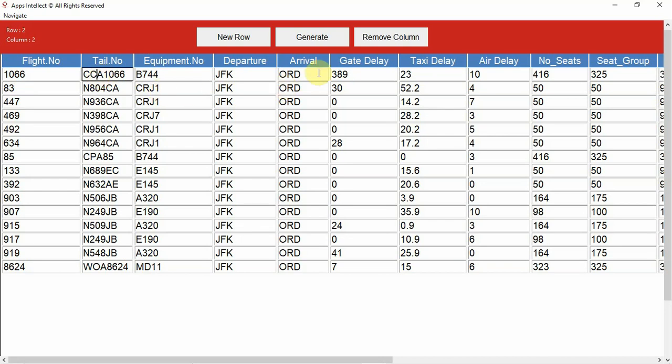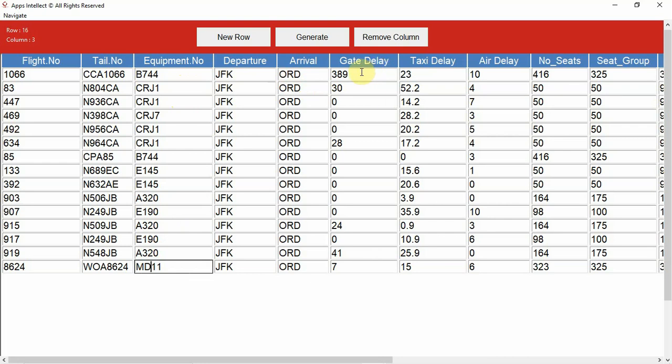So at this departure airport, these were the flights available which took off from here, and the equipment types: this is B744, that is Boeing 744, then CRJ1, then Boeing 4, then Embraer 145, then Airbus 320, and MD-11 also. So this number of flights took off on 7th of July 2007, and we will see the analysis. What were the delays?